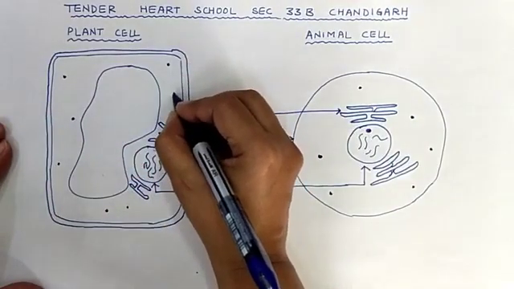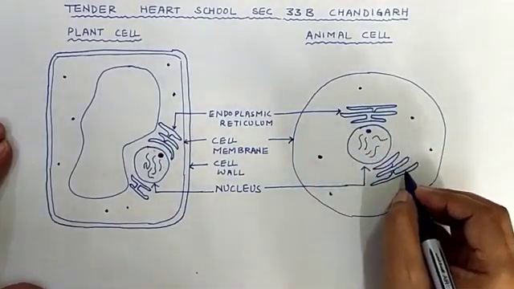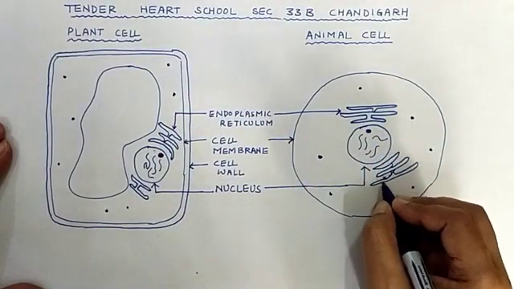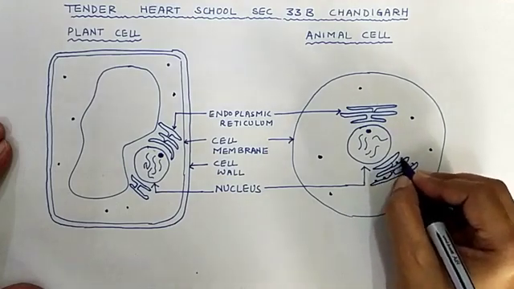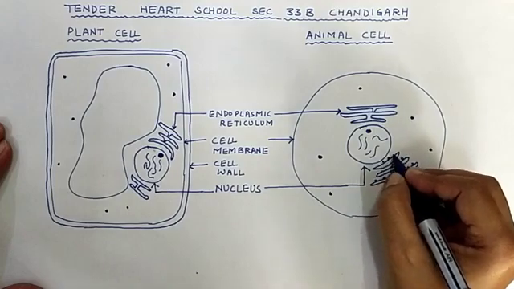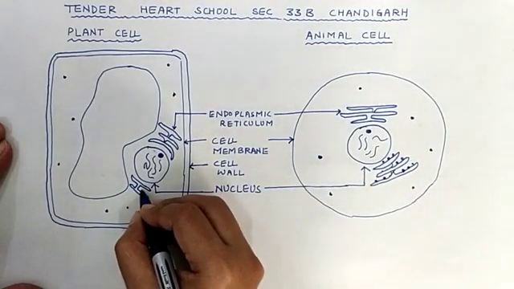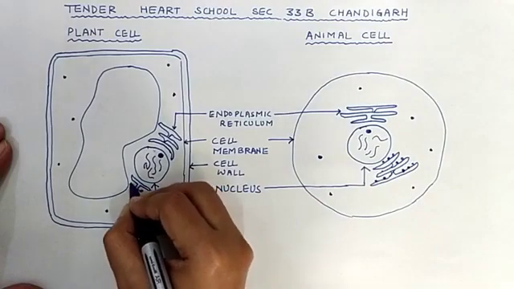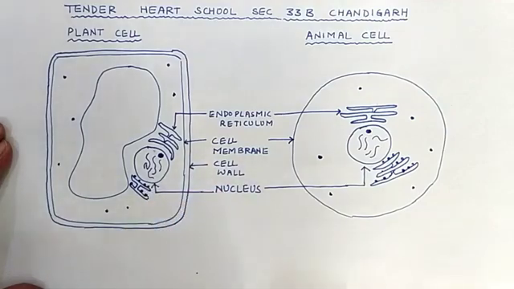These are needed for protein synthesis. So some of the ribosomes may be attached to the endoplasmic reticulum, right? And then they make this endoplasmic reticulum look rough, and we call this endoplasmic reticulum as rough endoplasmic reticulum. Rough endoplasmic reticulum is the endoplasmic reticulum on which the ribosomes are attached.